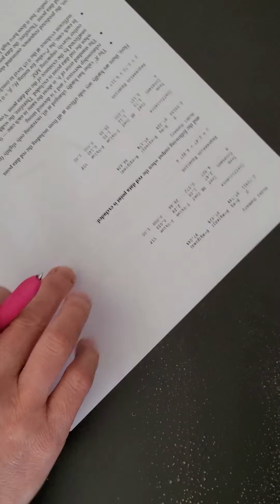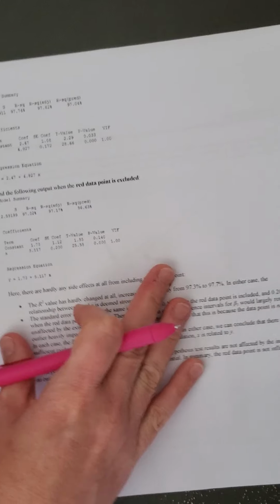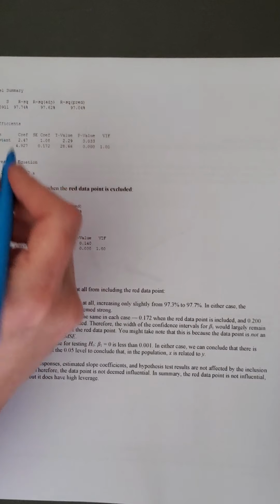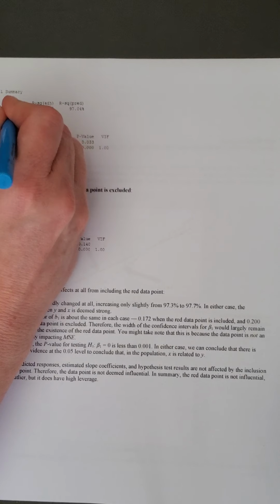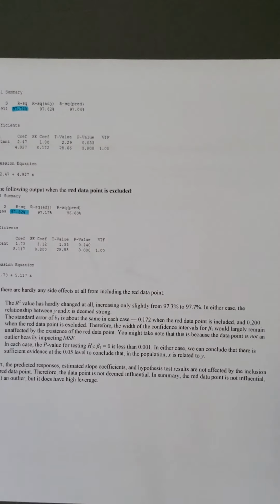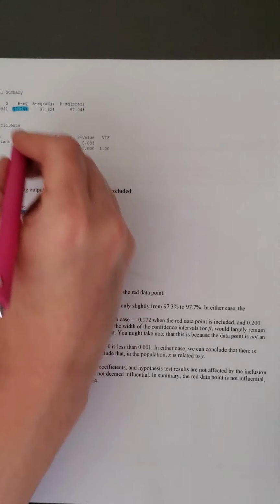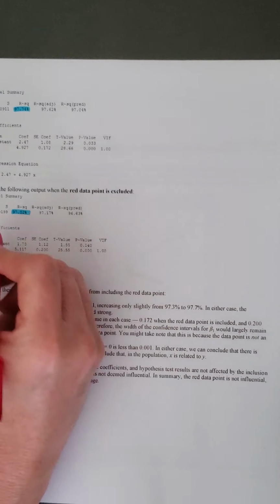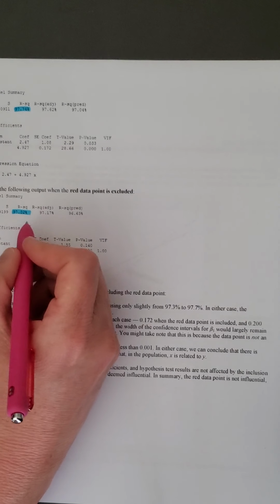So let's look at the regression analysis. Again, here's our output, our R-squared value and our R-squared value. They don't change much at all. Here R-squared is 0.9774 and here it's 0.9732.